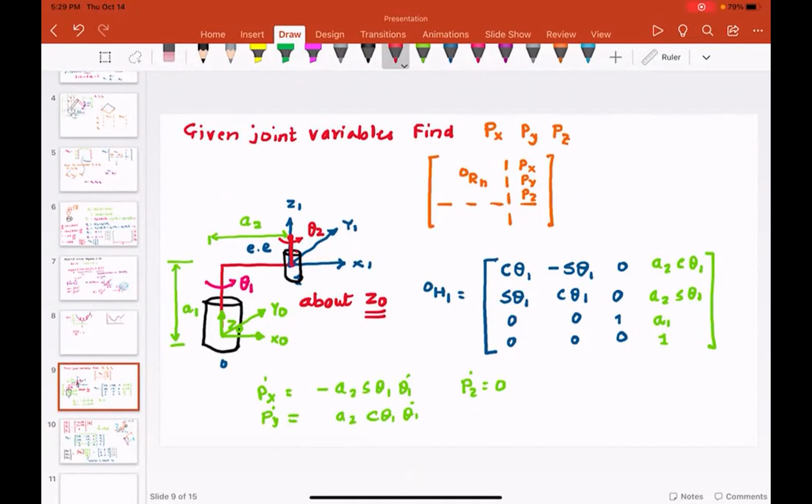Do you agree with me? When my end effector is on the axis of the second revolute joint, Px, Py, and Pz are not going to change.